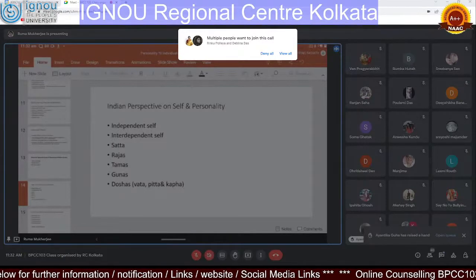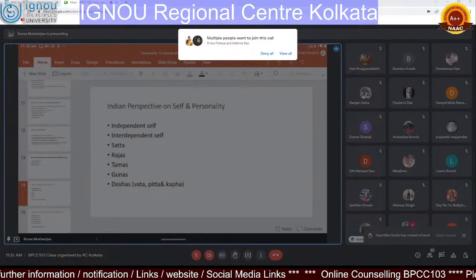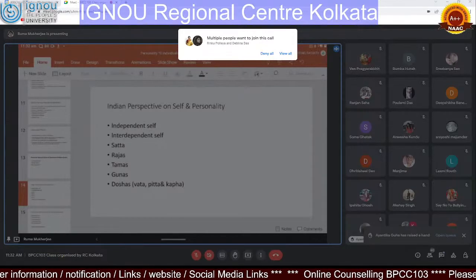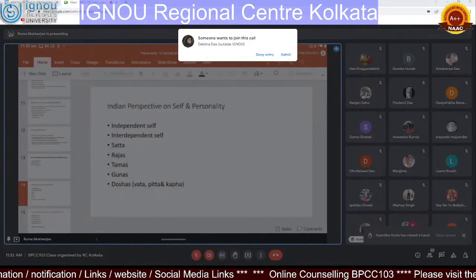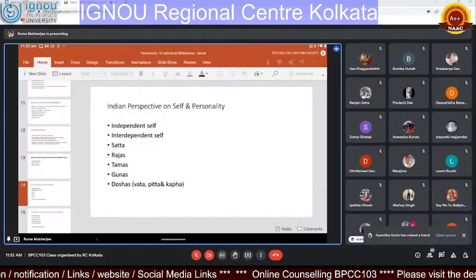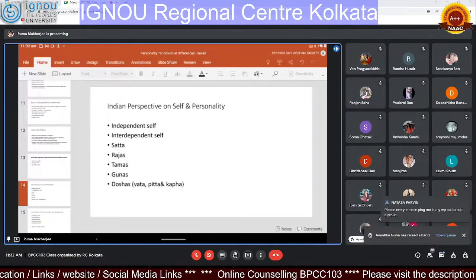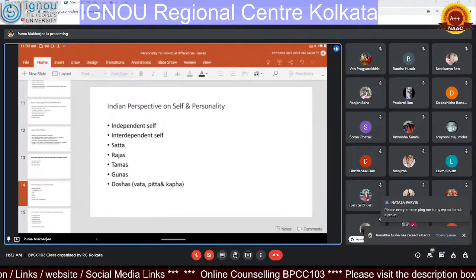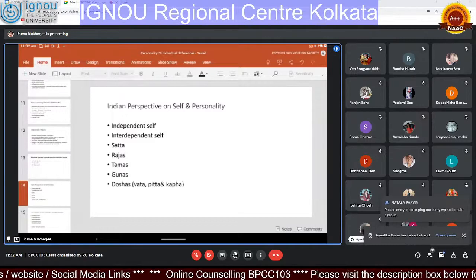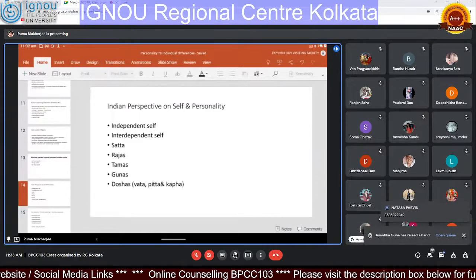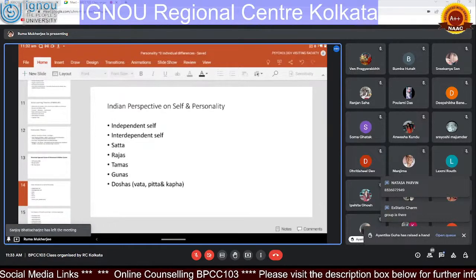So the Indian perspective highlights the interdependent self, in two types of self-construal. Number one, the independent self, and number two, the interdependent self. The independent self was proposed by Markus and Kitayama in 1991. The interdependent self focuses more on the family and the social context, and the attributes of self and personality are more plural and fluid.